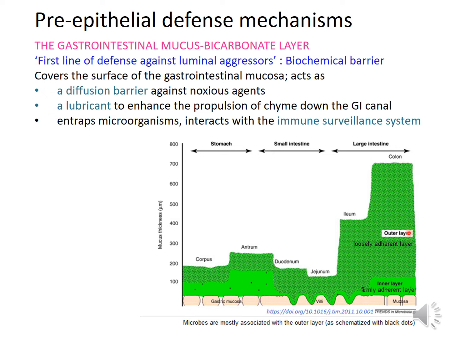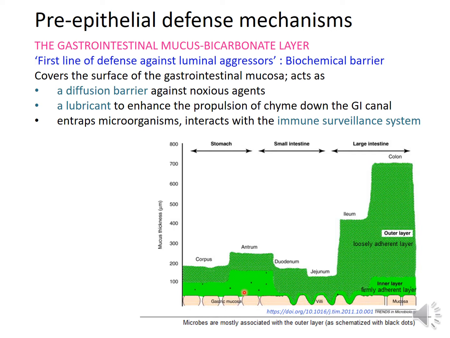And the outer layer is a loosely adherent layer. Even though it covers the whole GI tract, the thickness is different from structure to structure. The outer, loosely adherent layer is very thick in the colon, whereas the inner, firmly adherent layer is comparatively thicker in the gastric mucosa.